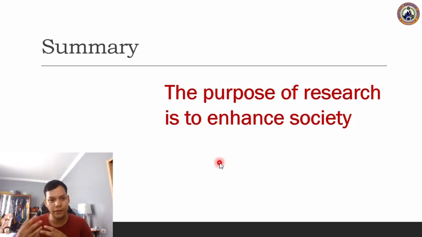If we give to the society, for example, the conclusions or the findings of our study, it will enhance their life. Or for example, if we study about the business, it will enhance their business. So that is the importance, that is the purpose of conducting research: to enhance the society, the business, or the life, or anything in our society.